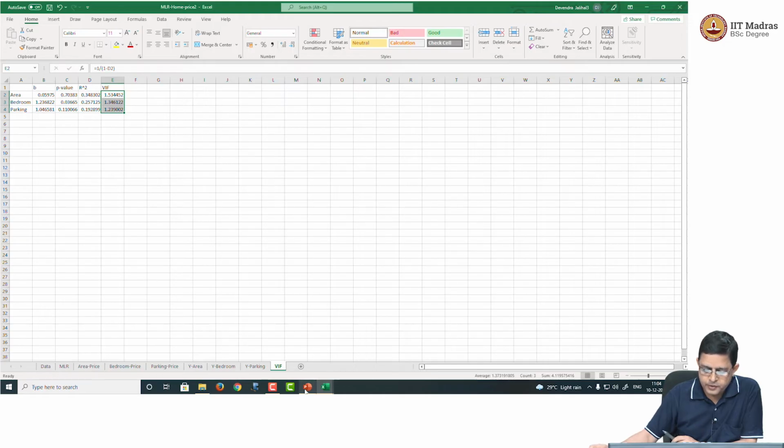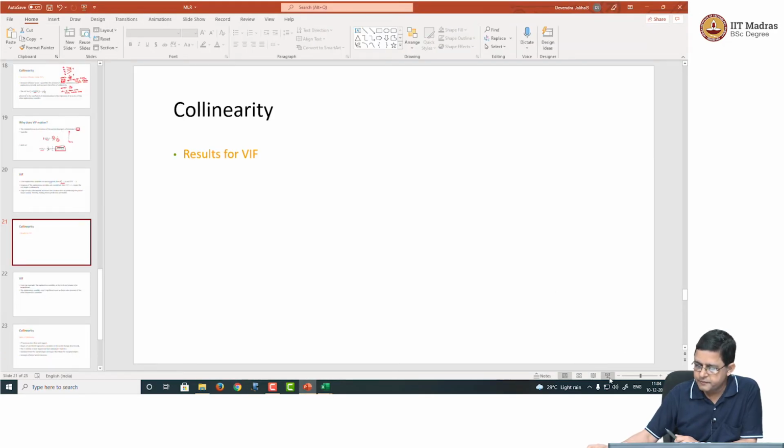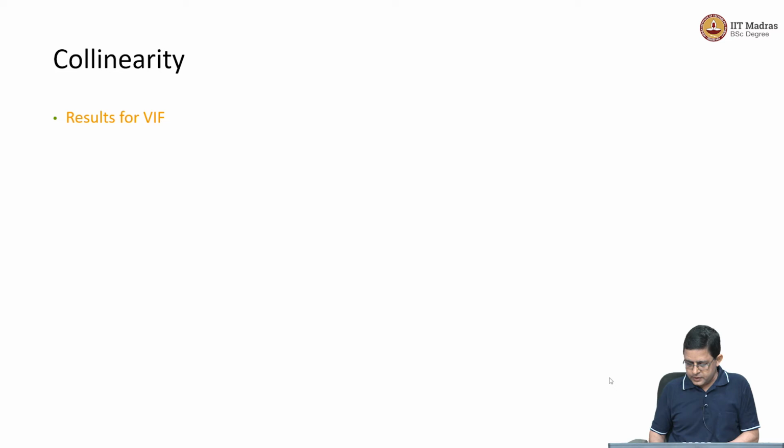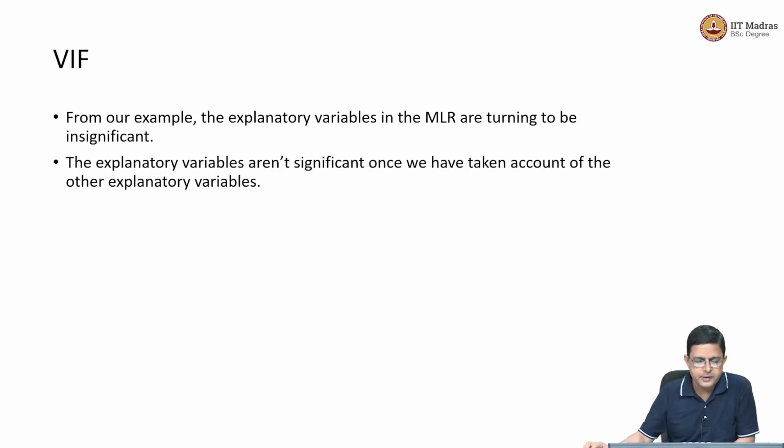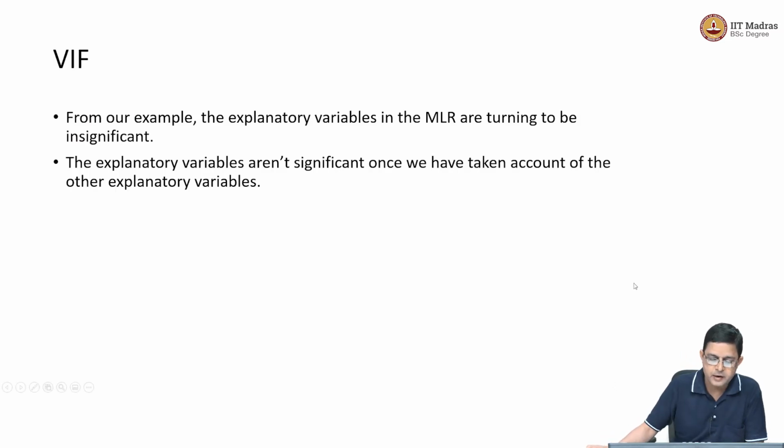So how are we going to conclude about this VIF? We saw in our housing pricing example that the explanatory variables in the MLR are turning out to be insignificant. Why? Because once we take into account the other explanatory variables, the unique explanatory power of the variable is drastically reducing.